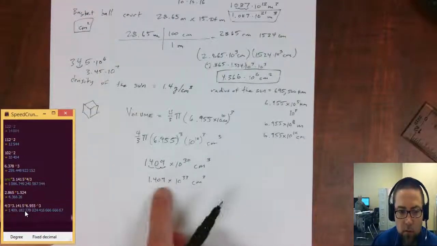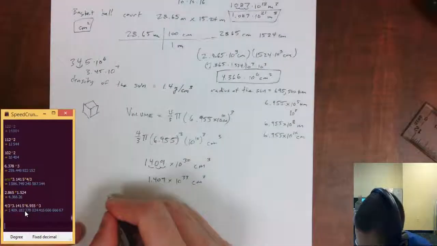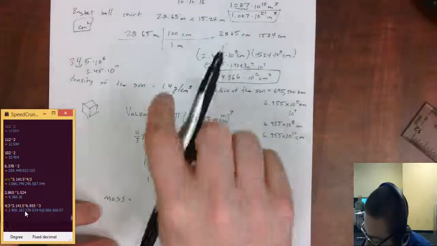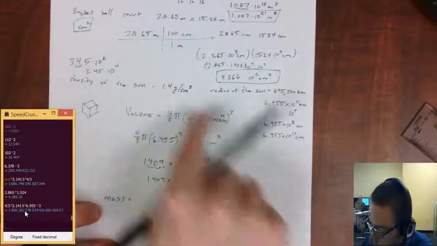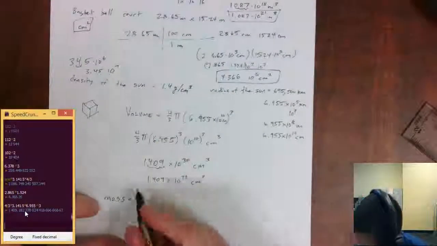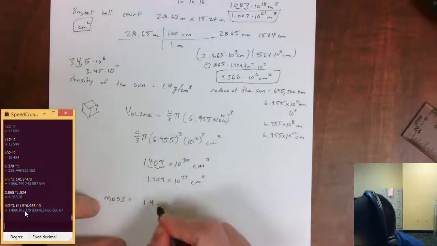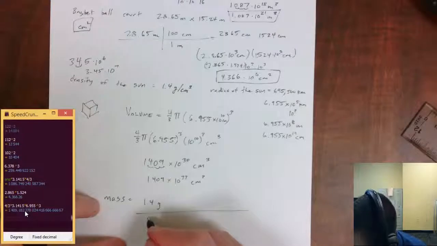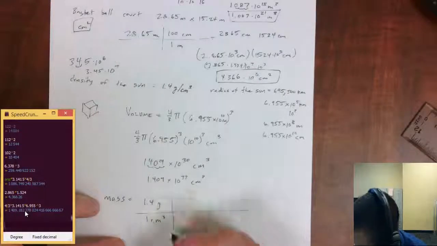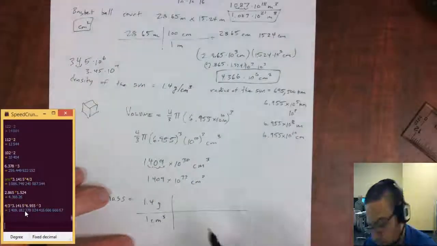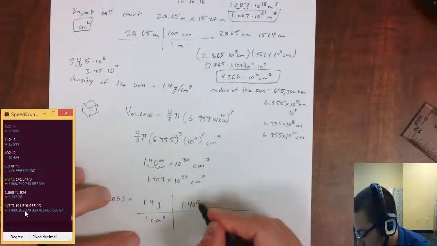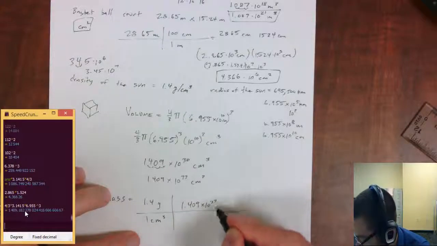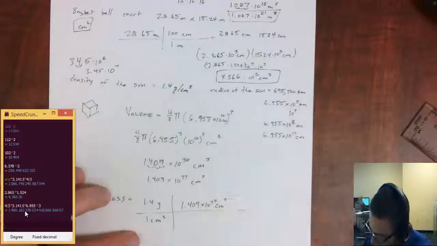Now, that's the volume, but I want to get the mass. Every single centimeter cubed weighs 1.4 grams, so I just multiply 1.4 grams per 1 cubic centimeter, right? I could do it in that style of conversion, times 1.409 times 10 to the 33rd centimeters cubed.